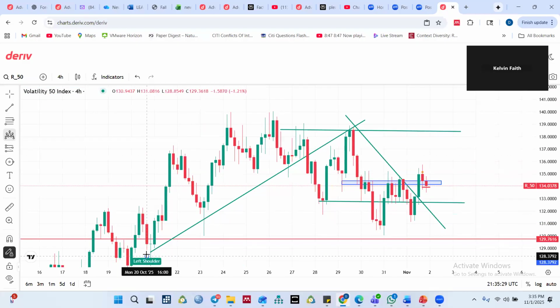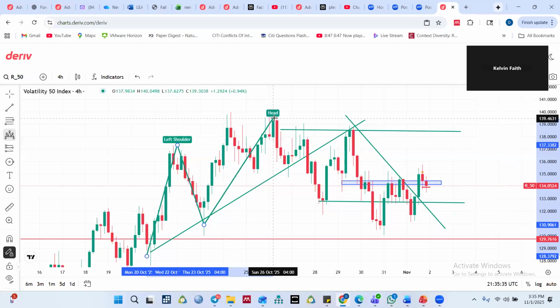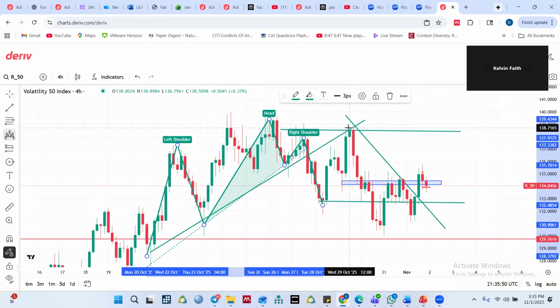So we had a high, a lower high, and then two equal highs. Price drops to hit the neck, it retraces to form a right shoulder, breaks it, and pulls up, taking liquidity above the right shoulder.